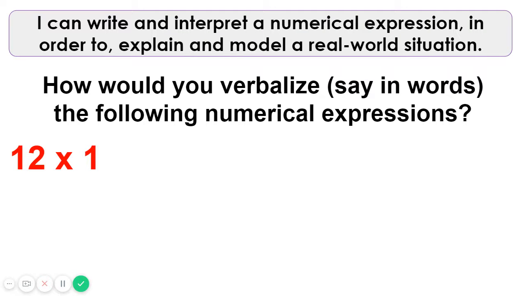You would say 12 times 1 or 12 multiplied by 1. What about this one? 8 minus 8 or 8 take away 8. How about this one? 3 plus 7 or 7 added to 3.